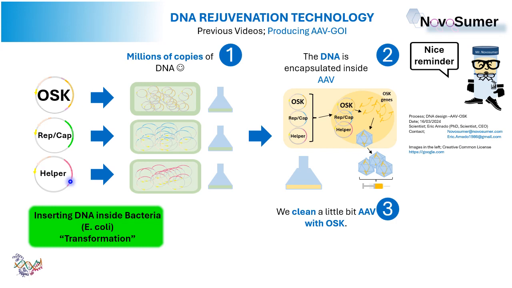Having said that, let's remember the three steps to produce OSK. Let's go for it. We just need three steps. And do you remember the first one? This one here. We produce copies of the three DNAs in bacteria cells.